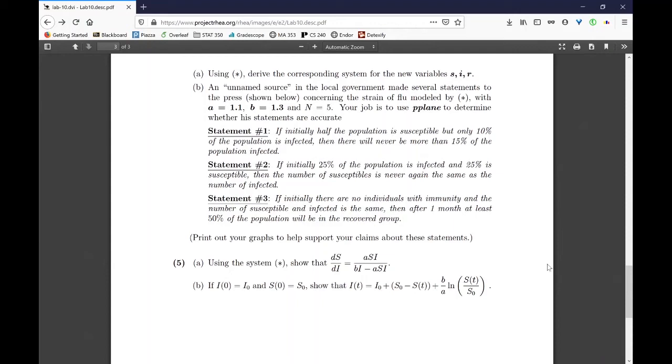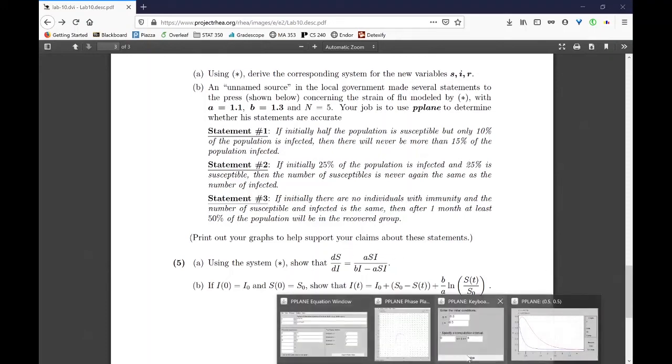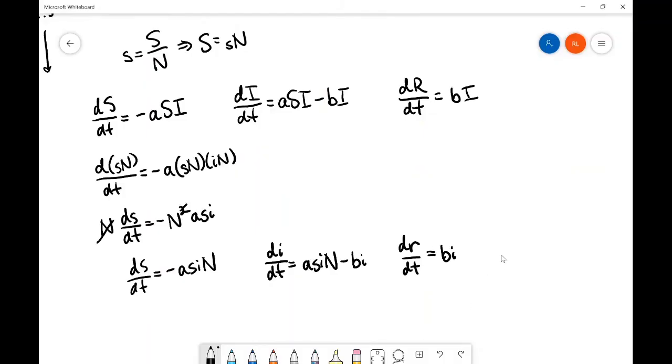And finally, question 5 is a little bit more about the mathy side of the SIR model. So A, using the system, show that dS/dI is equal to this fraction. Well, it shouldn't be too hard, right?